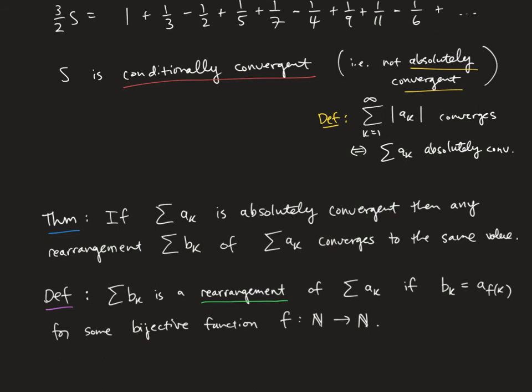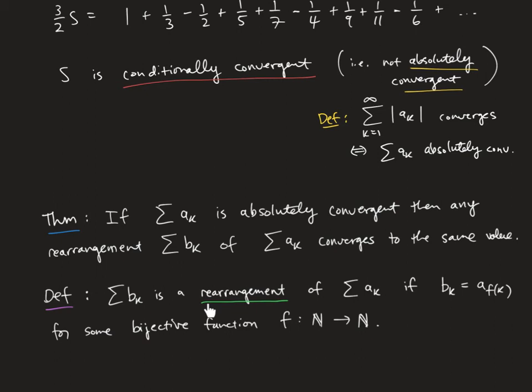To make this precise, the swapping around of terms corresponds to a bijection from the natural numbers to itself. You're just moving around the indices that label the a's and taking them in a different order.